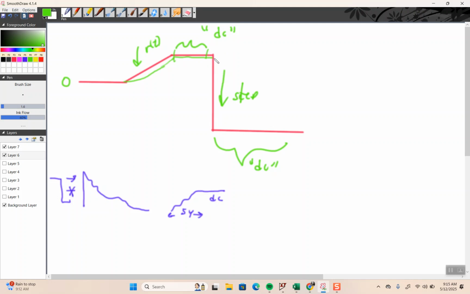Now we have what is just a negative step, and so it's going to do this. Again, it can go either back to 0 or a negative number, but in this case it looks negative. I'll just say 1.